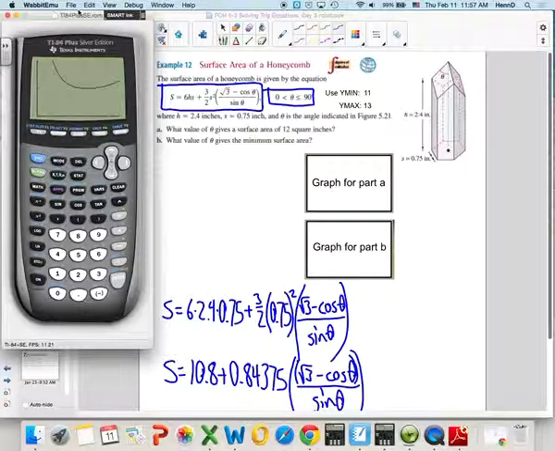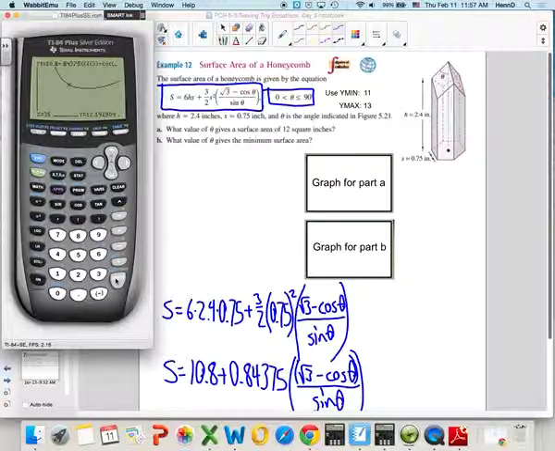How would I figure that out? Trace. When you do a trace, you have to calculate something. Okay, if I do a trace when y is 12, I can punch in different values of x, like 35, and it'll tell me what y is. It doesn't have a function to punch in values of y and get me x.